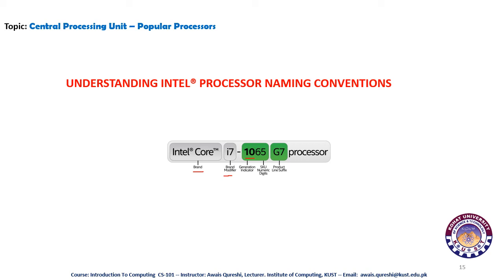And what is this, 65? This is called the SKU, the numeric digits. Then the product line suffix. This is a generation 7 processor. So the generation indicator is after the dash, and not this G7; the processor is just the name of the processor.